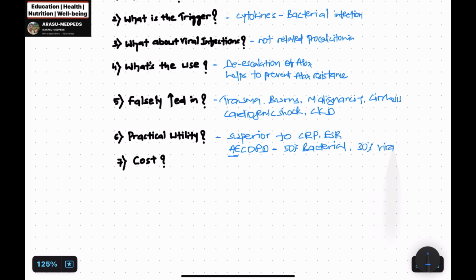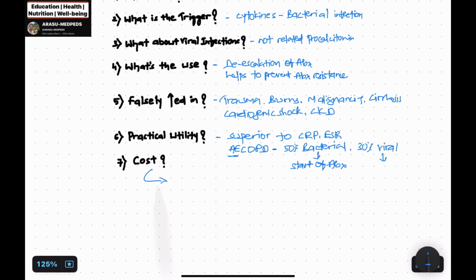So when an individual presents to us with acute exacerbation of COPD, when it is not sure whether it is bacterial or viral, we can consider sending procalcitonin levels. If it is raised, consider starting antibiotics. Otherwise, antibiotics are not required. So this can prevent unnecessary use of antibiotics. This is the practical utility.